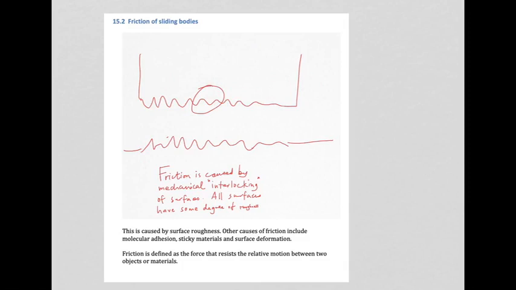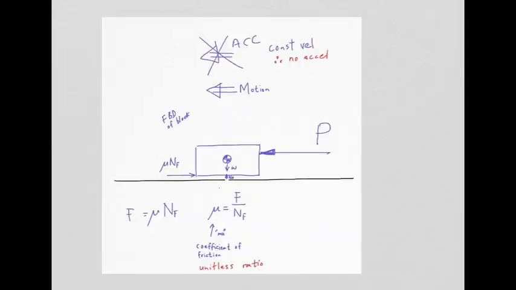Now, to quantify the extent of this friction, we use the term friction coefficient, okay, which is shown here as mu. Now, mu is simply a ratio between that frictional force that you get, that resisting force, upon the normal force, as we call it, the force pressing the two surfaces together.